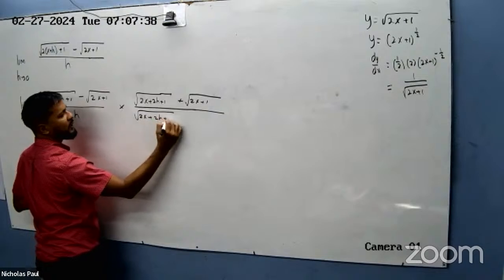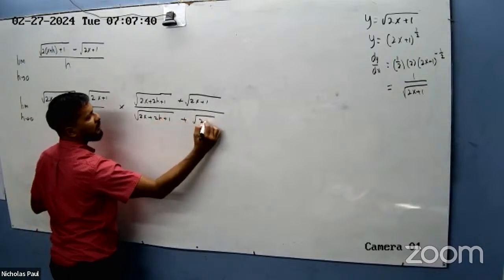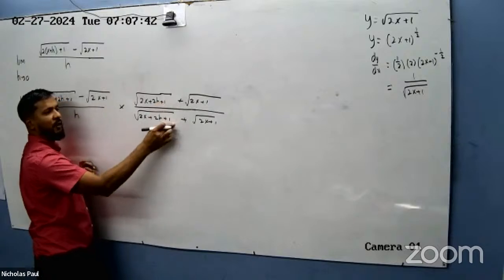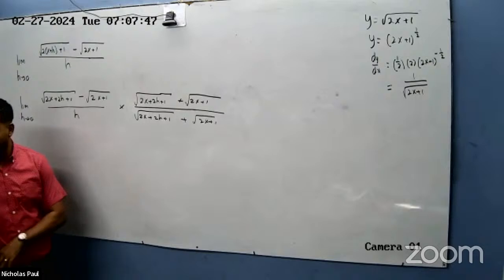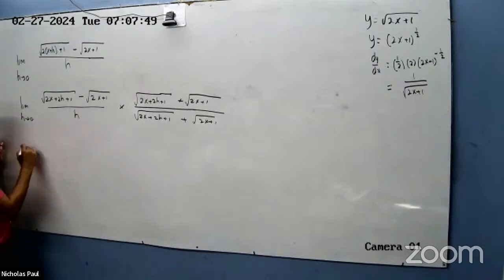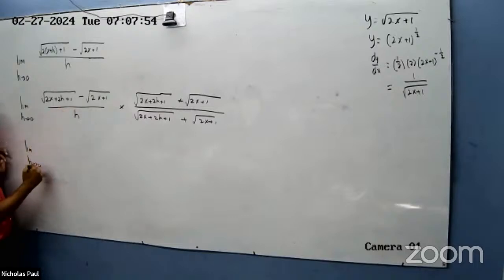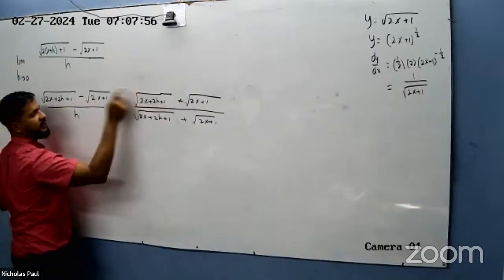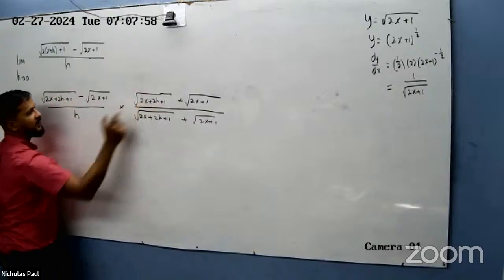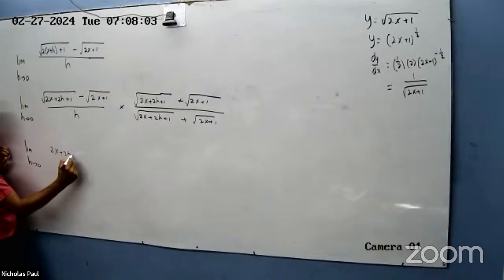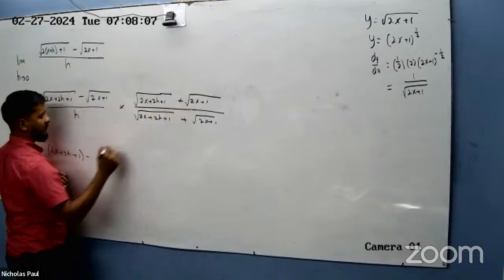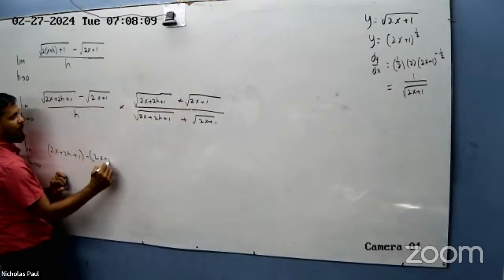the square root of 2x plus 2h plus 1 plus the square root of 2x plus 1. Remember this over itself is 1, and if you multiply anything by 1, it won't change its value. Now, what will the numerator be? Difference of two squares, right? It will be this by this, which is 2x plus 2h plus 1, minus this by this, which is 2x plus 1.